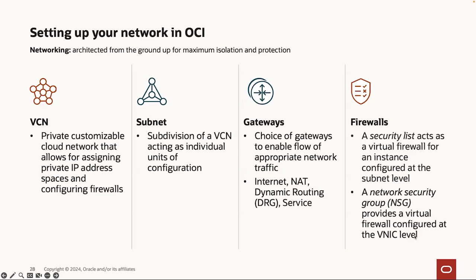Versus a network security group, that will be at the VNIC level. So I could have groups of instances that maybe reside in different subnets or different networks. I could have them still have a similar security posture and be subject to this network security group's rules. So it doesn't have to be in the same subnet for a network security group, but it does have to be in the same subnet for a security list.